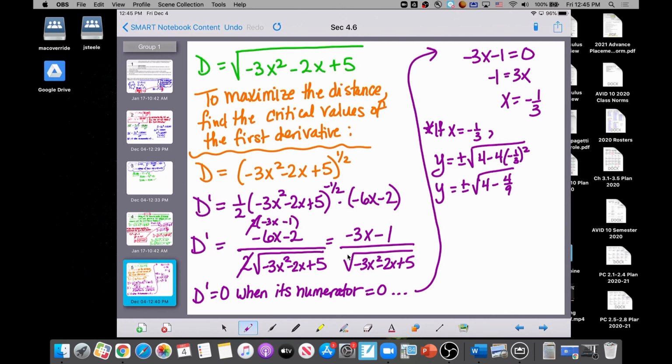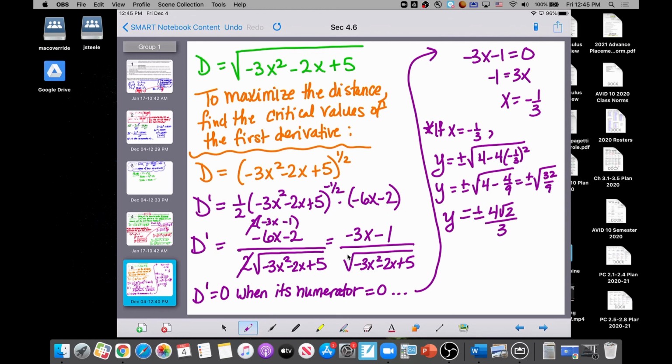And so then if I turn 4 into ninths, that's 36/9 minus 4/9, which is 32/9. And I can certainly simplify that because the square root of 9 is 3. And I could break 32 apart into the square root of 16 and the square root of 2, which would be 4 square roots of 2. So I get y is equal to plus or minus 4 square roots of 2 over 3.